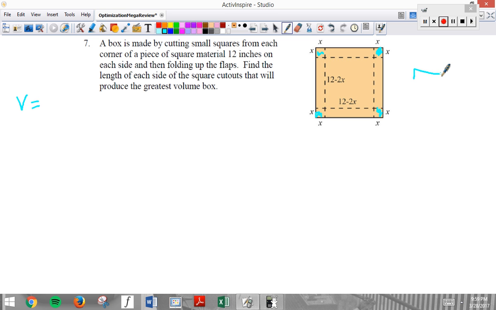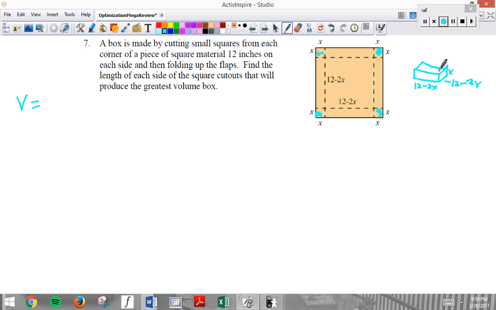But something like this. Where this is 12 minus 2x. This is 12 minus 2x. I know it's not proportional, but that's the price we pay for a relatively good looking picture.